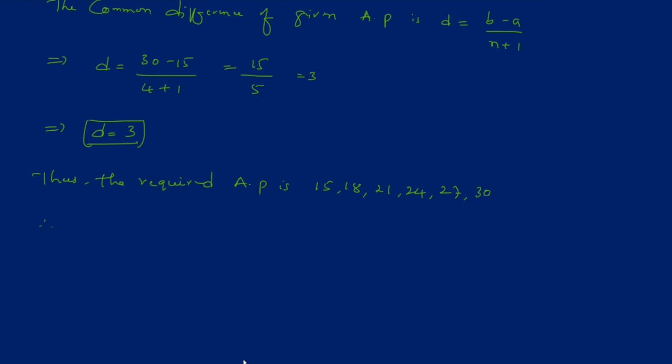Thus the arithmetic means are 18, 21, 24, 27, which is the solution of the given question, right? Next, one more example you will see, that is example 2.